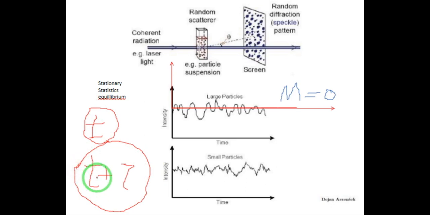If we compare these two signals at these two different times, we will see how long it will take for the signal to be dissimilar, to change, to become something else, to change its behavior. And based on that we can get the information about the size.